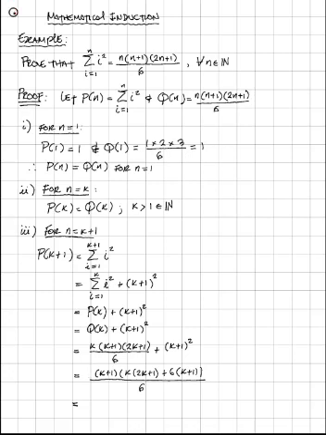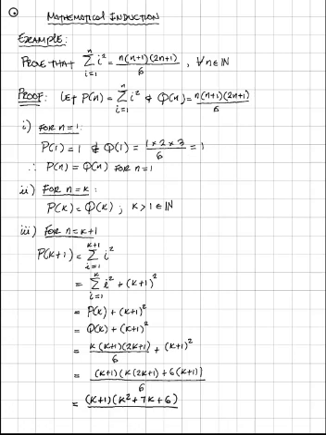All right, and then we're going to have (k+1) in brackets, and inside the brackets we're going to have k squared after simplifying, plus 7k, and then plus 6, all over 6.